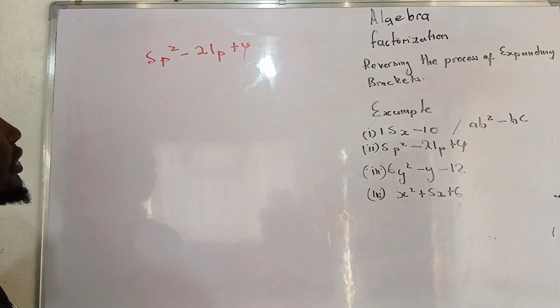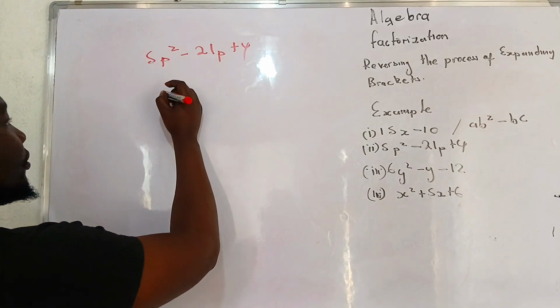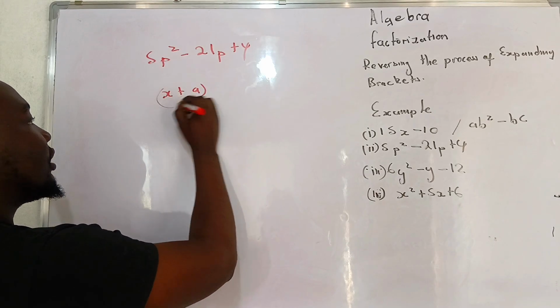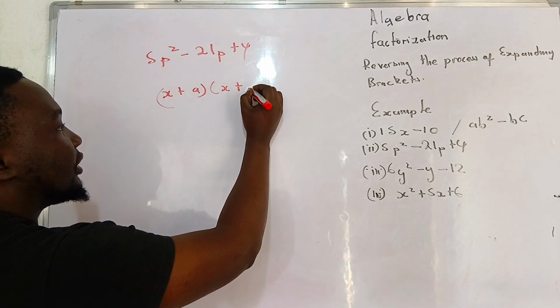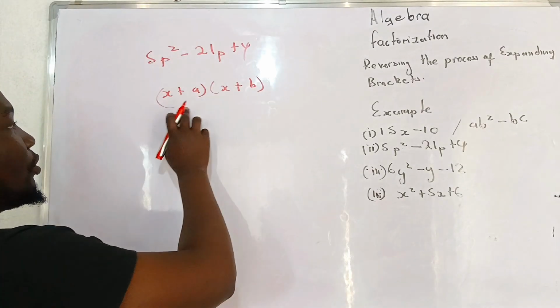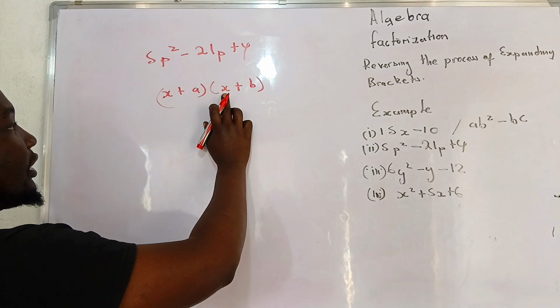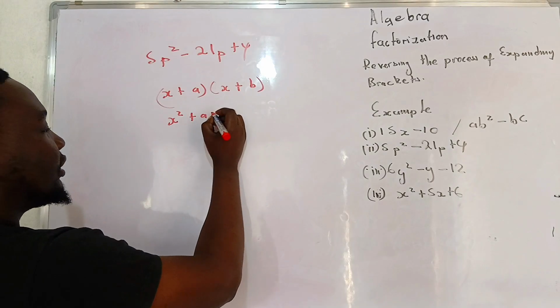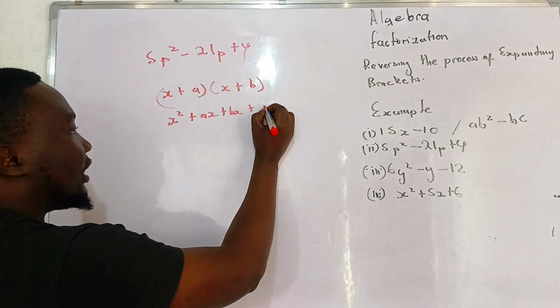Remember when you have your brackets on, maybe x plus a constant a, and x plus another constant b, you multiply x times x, x times b, a times x, so you have x squared, then plus ax plus bx plus ab.